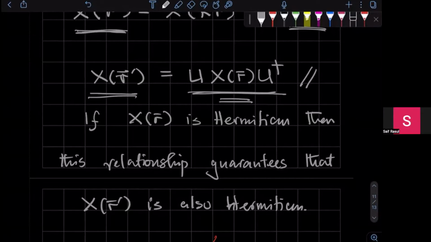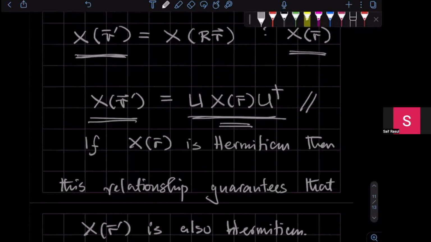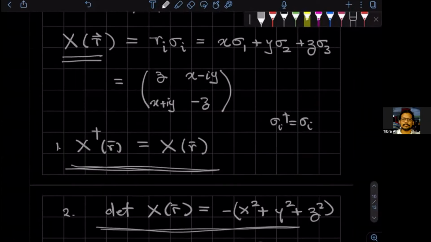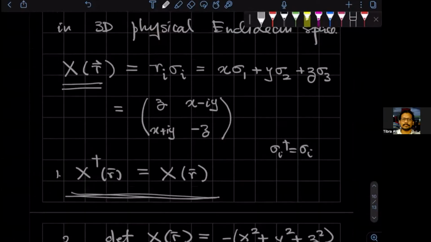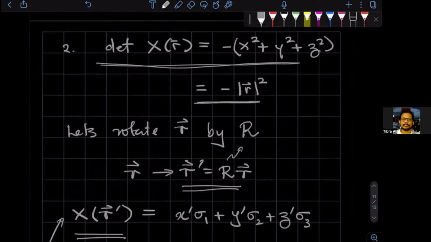Is U here unitary? Not yet. It will be soon. Another thing that we can notice is that this is a traceless matrix, right?